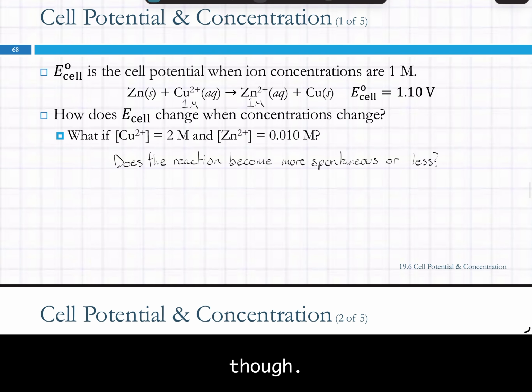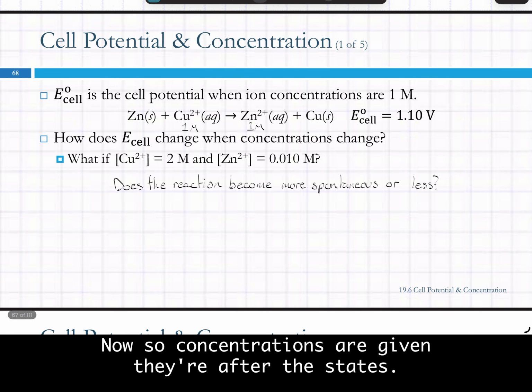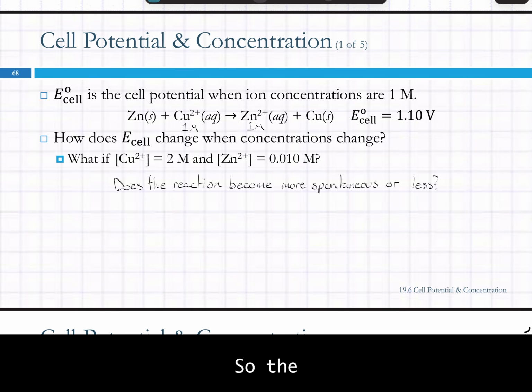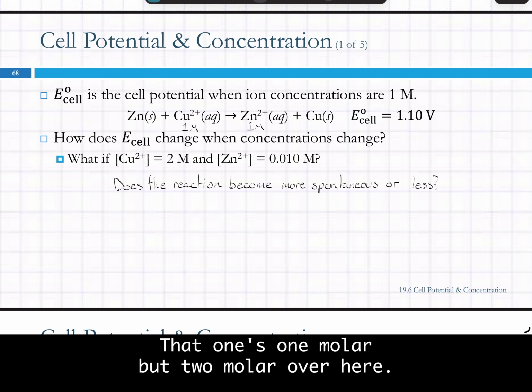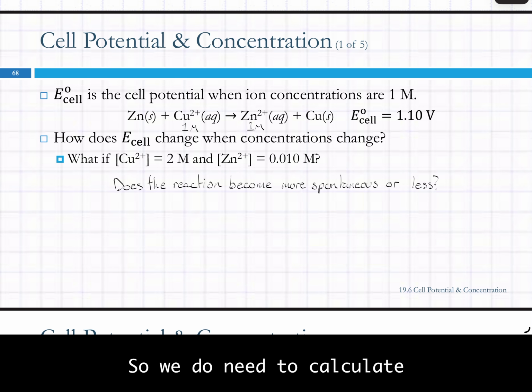No. So concentrations are given there after the states. So this is 2 molar, 0.01. That one's 1 molar, but 2 molar over here. So these are not standard conditions. So we do need to calculate what it is at standard conditions.